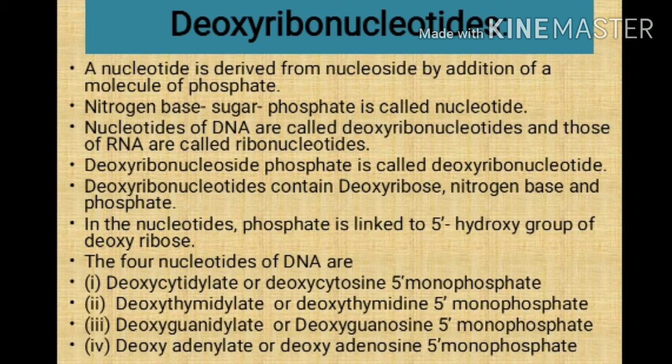There are 4 deoxyribonucleotides: deoxycytidylate or deoxycytidine 5' monophosphate, deoxythymidylate or deoxythymidine 5' monophosphate, deoxyguanylate or deoxyguanosine 5' monophosphate, and deoxyadenylate or deoxyadenosine 5' monophosphate. These are the 4 different types of deoxyribonucleotides in DNA.